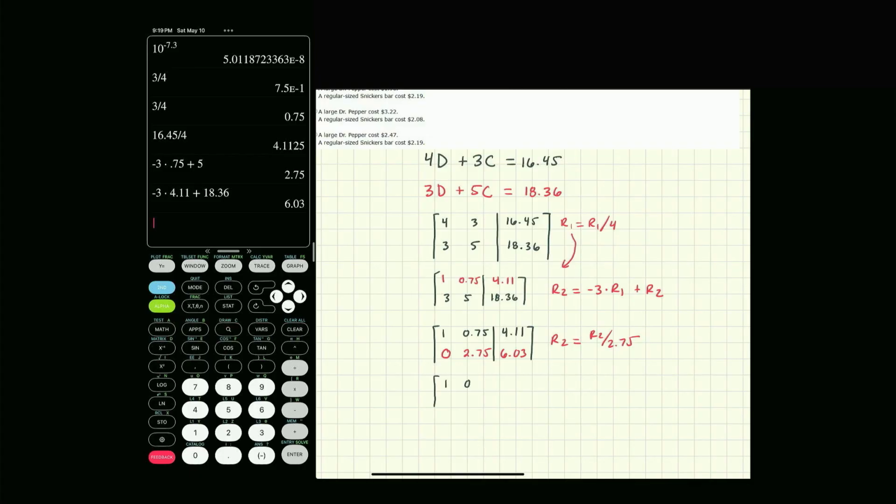Row 1 hasn't changed, so we'll just write that in there. But row 2 is changing. We're dividing by 2.75. Well, 0 divided by anything is 0. 2.75 divided by 2.75 gives us 1. And 603 divided by 2.75, going to my calculator, is 219.